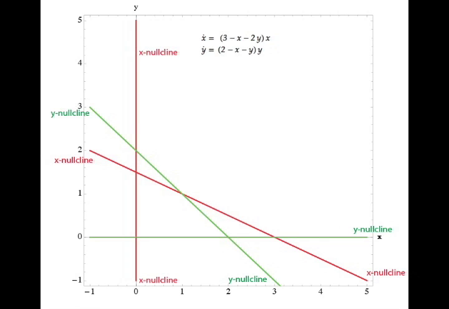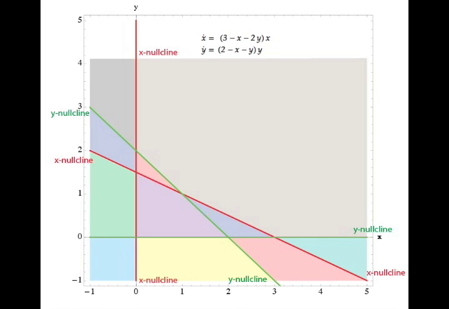Now we know that nullclines divide up the two-dimensional state space into regions where the x dot and y dot vectors are either positive or negative. So if you cross over the x nullcline from one region to another, the direction of the x dot vector will change signs, but the direction of the y dot vectors will remain unaffected.